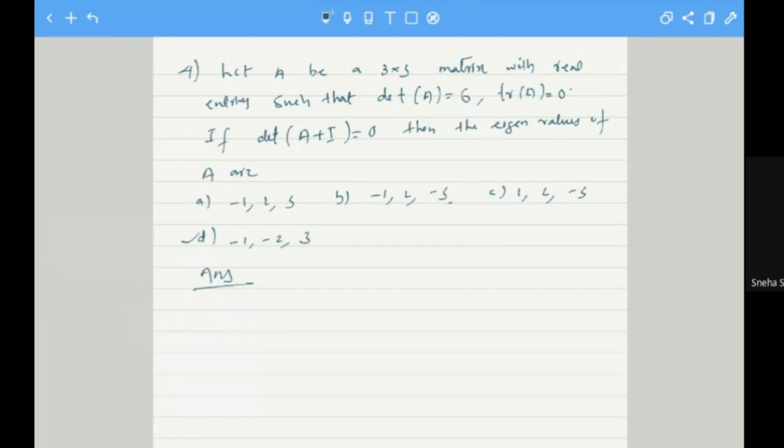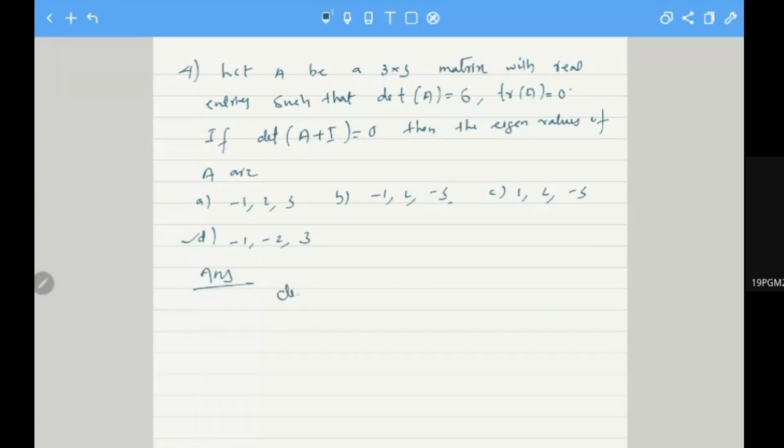Sum of these eigenvalues is 0 and the multiplication is 6. And if determinant of A plus I is 0, then one of the eigenvalues must be -1.